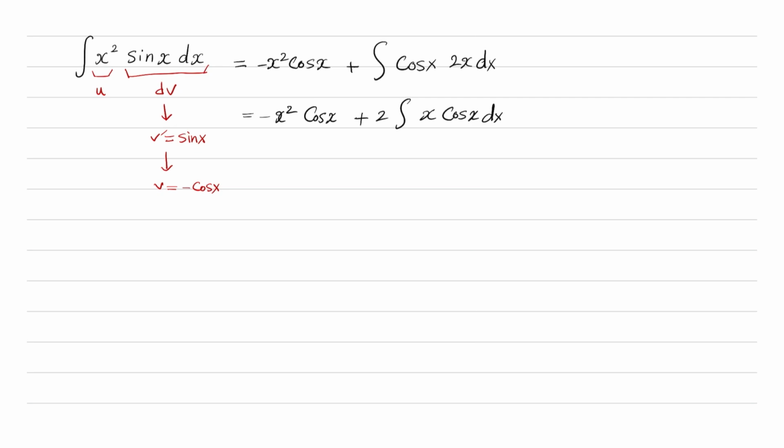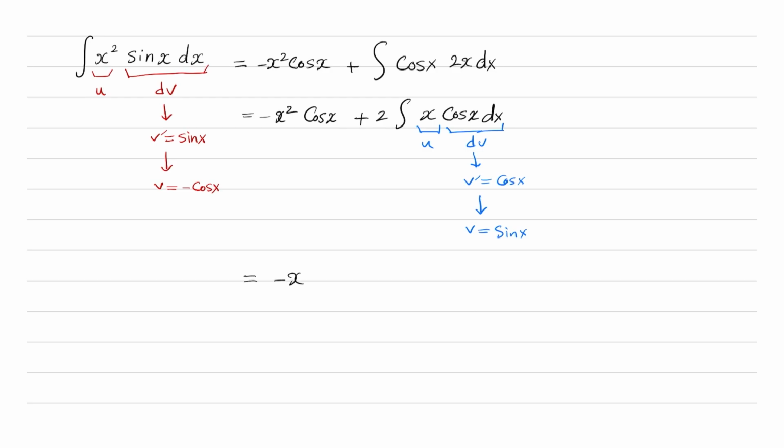Now here we need to integrate by parts one more time. So this time I'm going to take u to be x and dv to be the rest, which means v prime is cosine of x, which means v is sine of x. So let's see where we go with this.